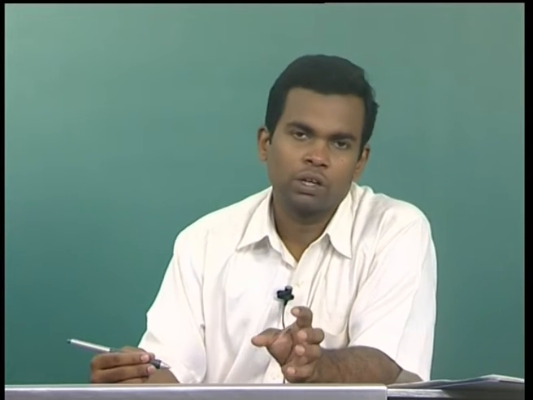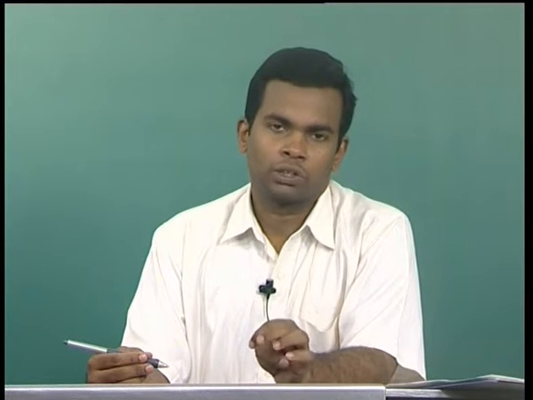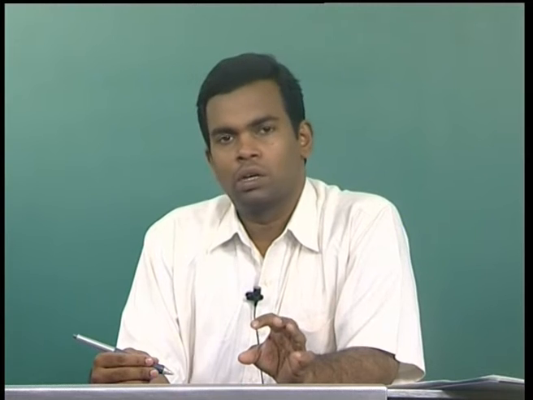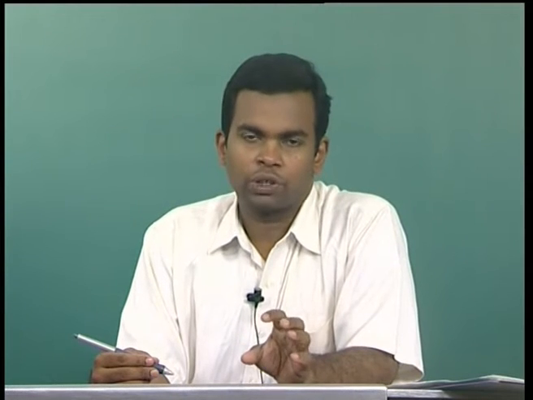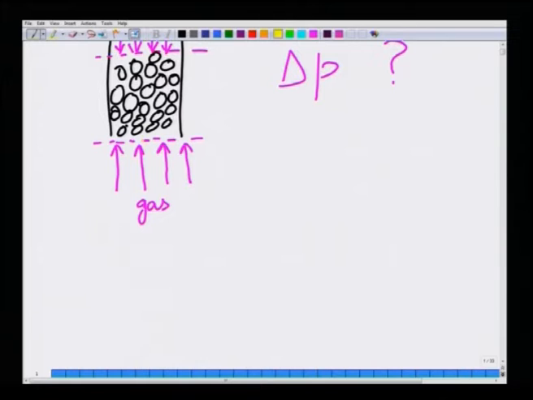So, it is very difficult to solve the problem exactly, it is almost impossible. One requires extraordinary computational resources and sophisticated algorithms, but we will come up with a very simple model which will get the right trend for the pressure drop except for a dimensionless constant. So, the model is the following.